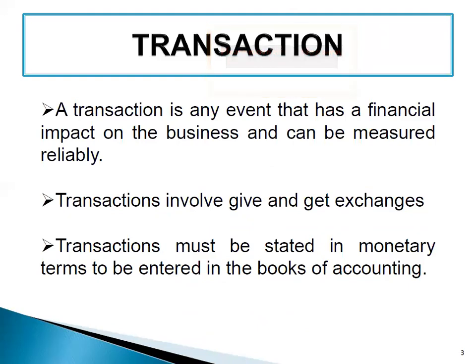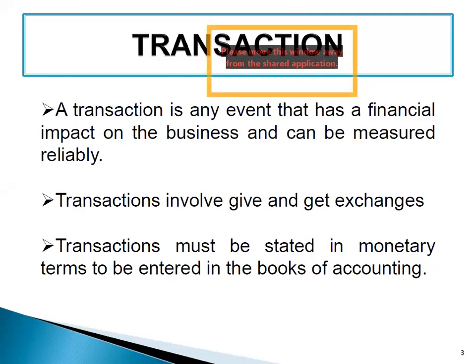When this event occurs, we have a process of buying and selling, and for this process we need to pay money or cash. Second point, a transaction involves give and get exchange. Definitely an exchange process, because one person is receiving the commodity and another person is paying the money. So this is your exchange process.